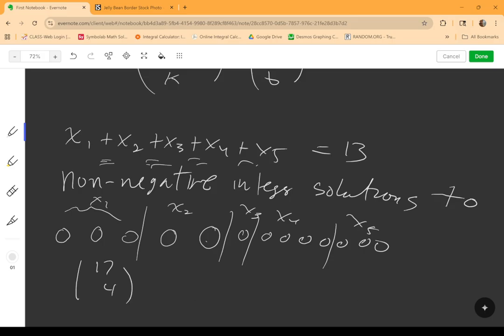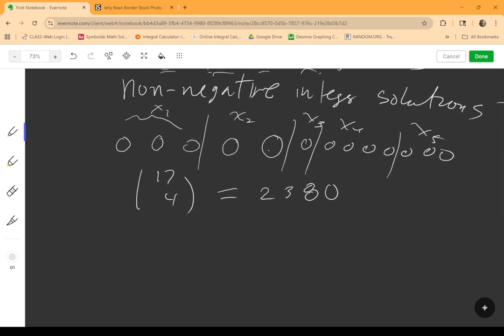So we have the 13 objects here and then 4 sticks, excuse me. So that would be 17 choose 4. That is a total of 2,380 different solutions.